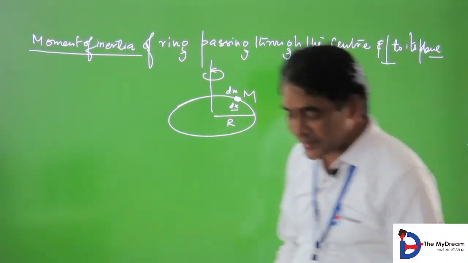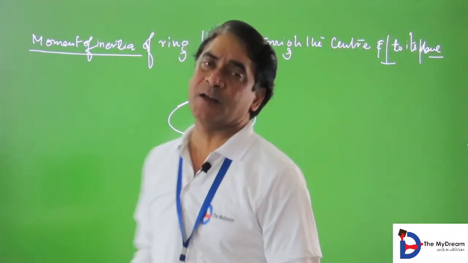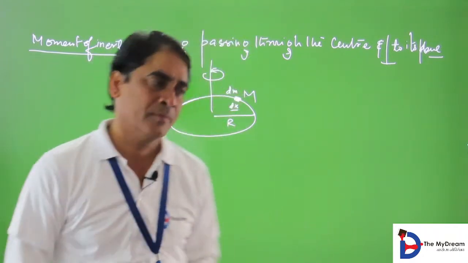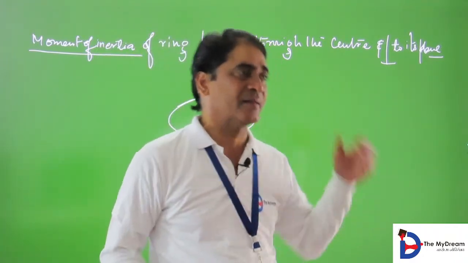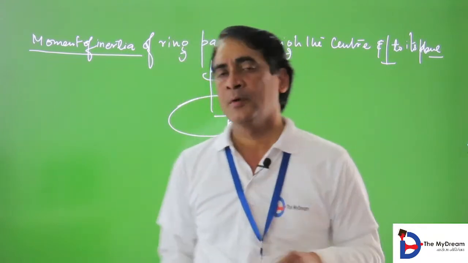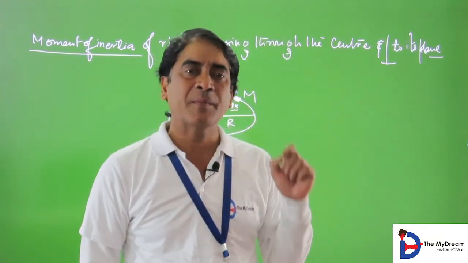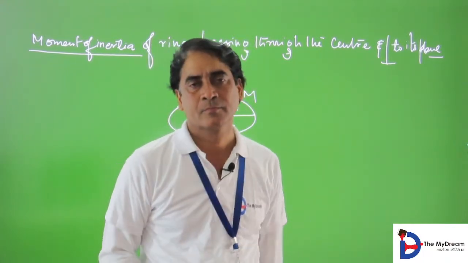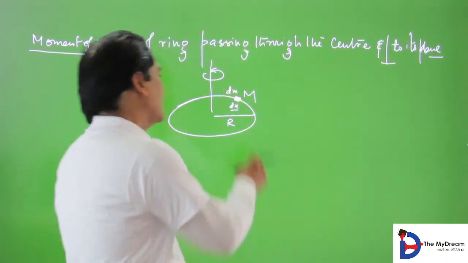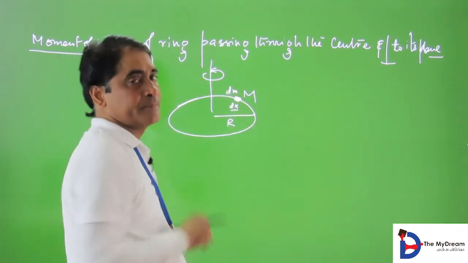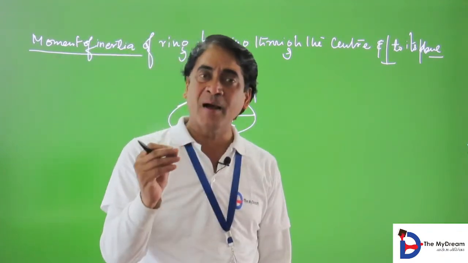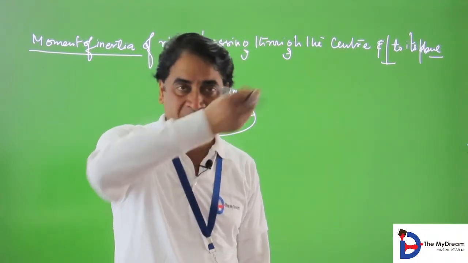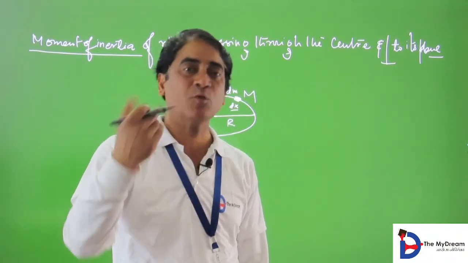When we are discussing the moment of inertia of different bodies like ring, disc, solid cylinder, rod, these are based on the distribution of mass. This is a uniform ring. The capital M mass is distributed over the circumference, that is 2 pi r.